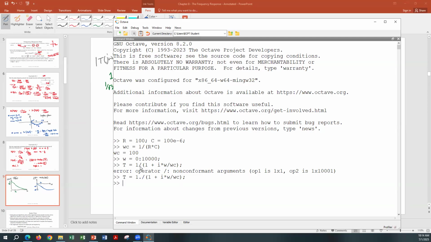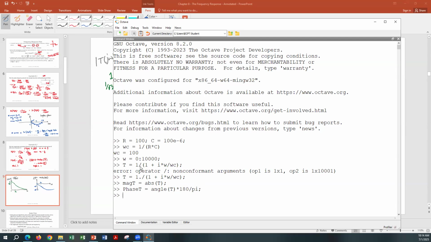And then to plot the magnitude plot, you have to use the absolute value. So magnitude of t is equal to absolute of t. And the phase of t is equal to angle of t times 180 by pi to convert the plot to degrees.